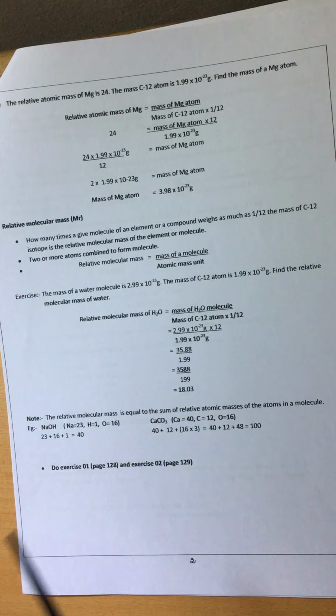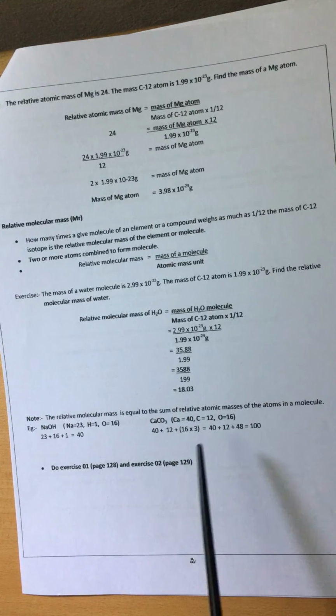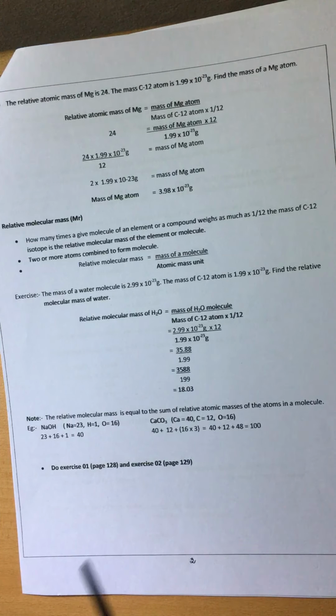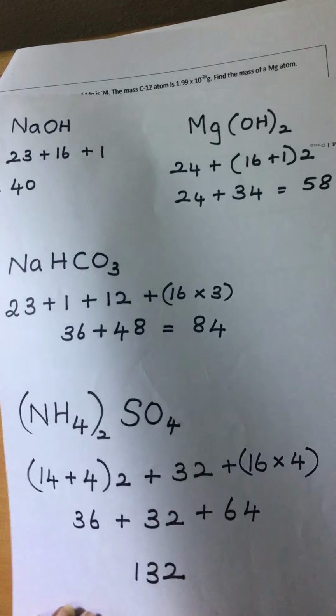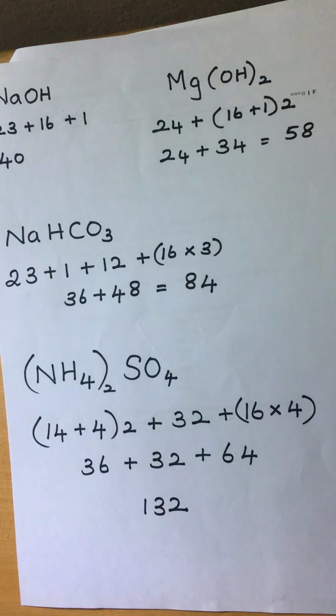When they give the relative atomic masses, you can add those relative atomic masses and get the molecular mass. So, examples. Actually, the relative atomic mass they will give you, no need of memorizing those, right?